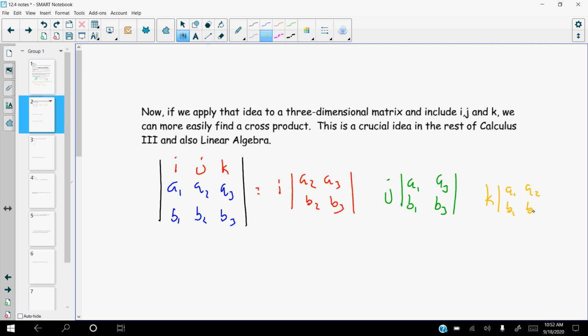Now here's a very, very important piece. In general, in a matrix, when you're doing a determinant, there's a positive and negative pattern where the upper left piece, the very first component, where the I is, is positive. Then as you go to the right, it switches the sign: positive, negative, positive along that row.